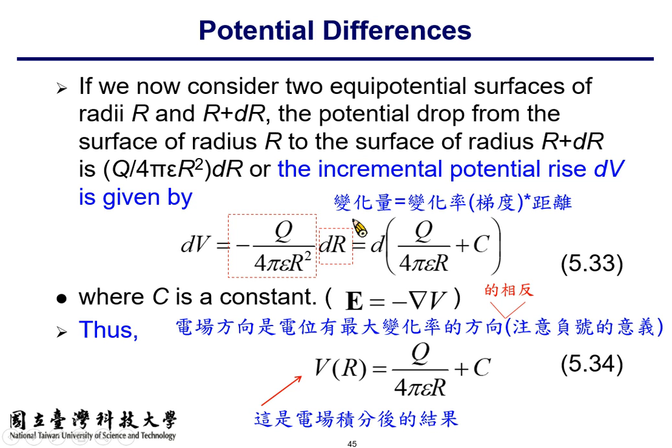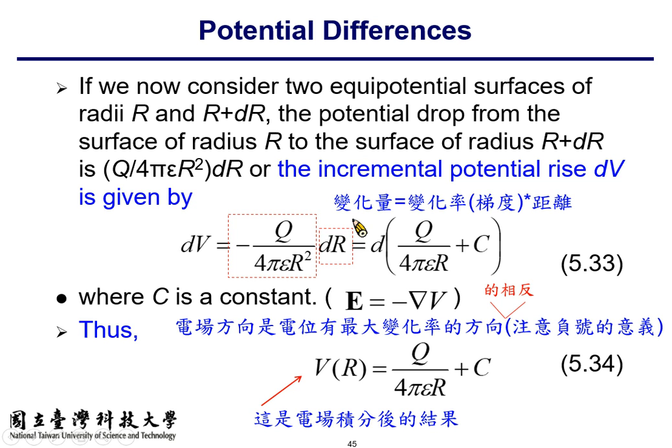After the integration with respect to r, we found the electric scalar potential of a point charge. We integrated the electric field intensity distribution of a point charge to find its electric potential.